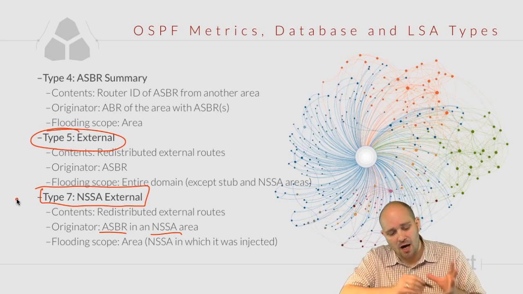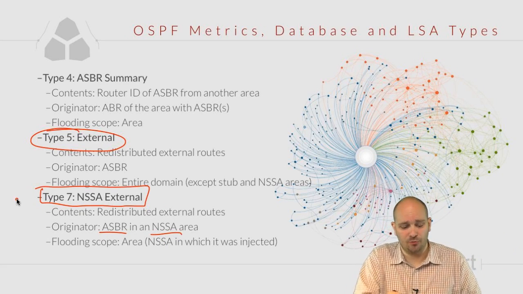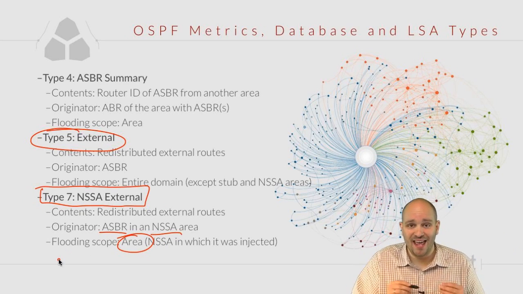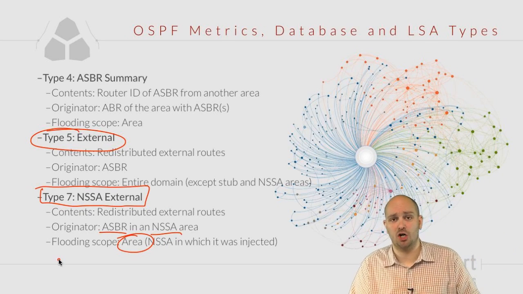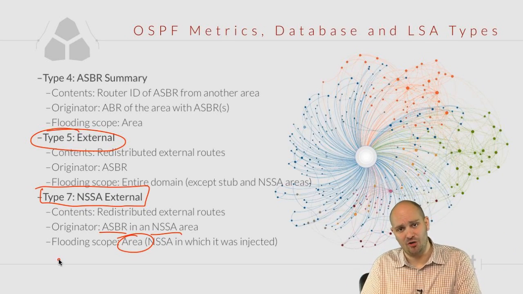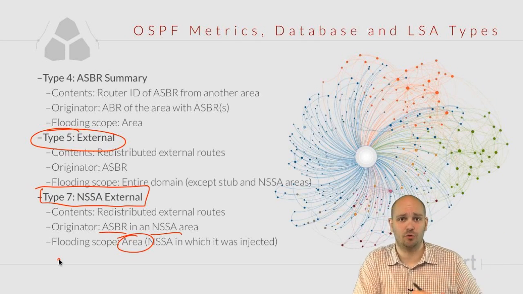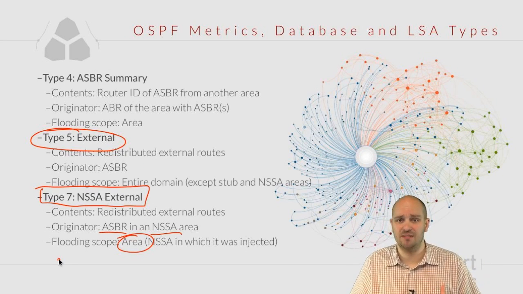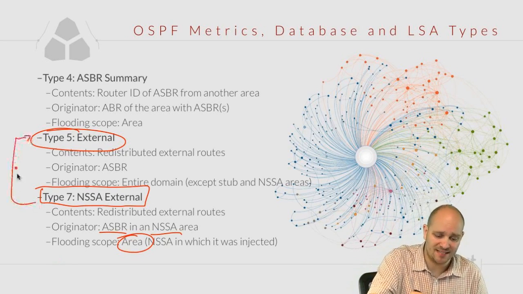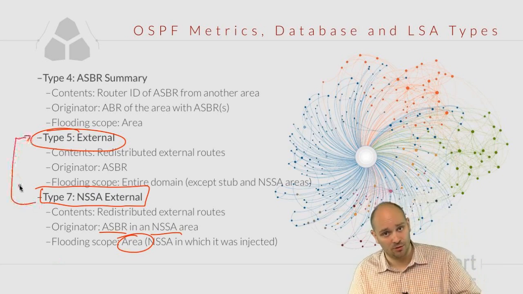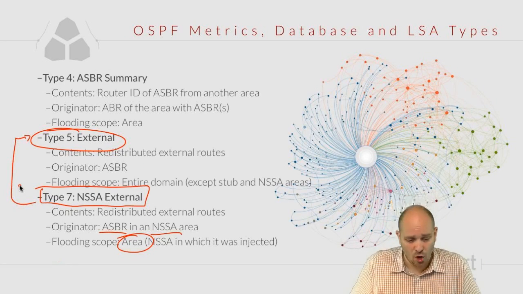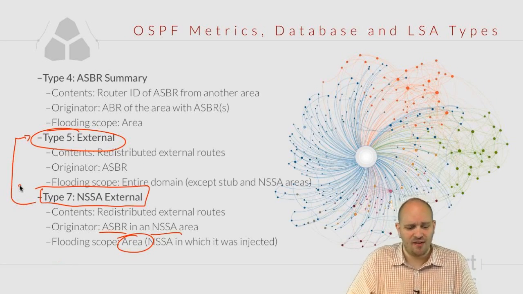So when they are sent throughout the network with the flooding scope of an area, one of the ABRs that sits between the NSSA area and the rest of the network will translate this type 7 into a type 5 LSA. And again, I will talk about this when I talk about the inter-area operations in OSPF.